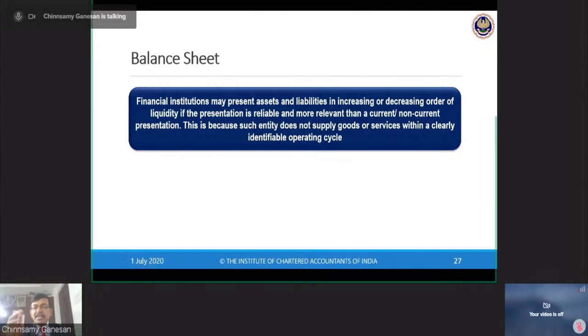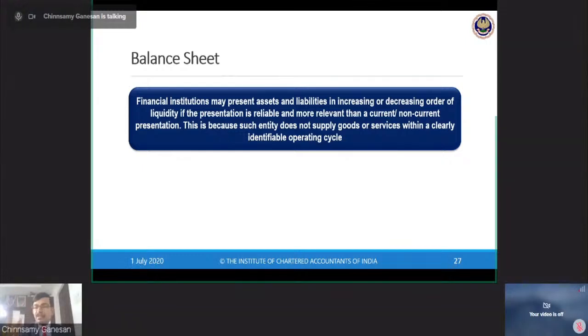If an entity is not supplying goods or services, for example an NBFC, a non-banking financial services company, I am not supplying any goods, I am not supplying any services in an operating cycle. So in other types of industry, other than NBFC, the Schedule 3 format of current and non-current has to be applied.